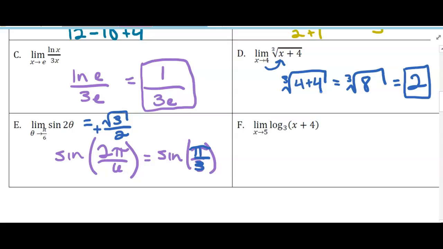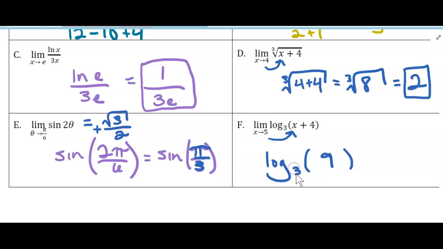Letter F, we plug in 5 in for x. We have the log base 3 of 5 plus 4. I'm just going to go ahead and say, hey, 5 plus 4, that equals 9. We need to know how to evaluate logs as well. Oh my goodness, it's a good thing we practice this a lot.